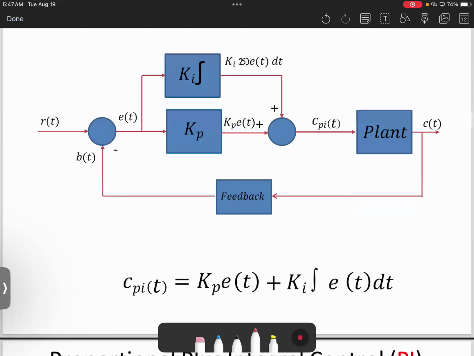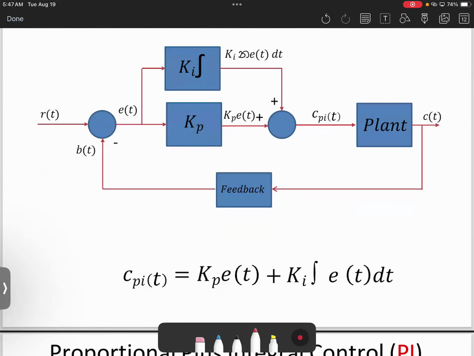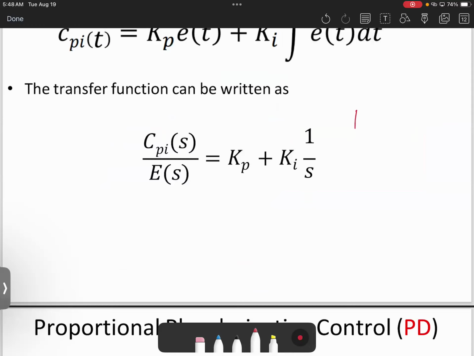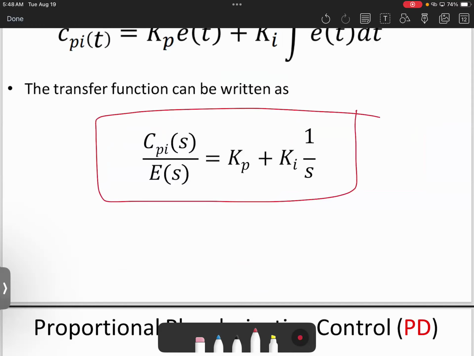Here is how the PI controller looks. Here is KP, KI. How can we write the transfer function? If we write it in the time domain, it will be like this. But the way that I like is to write it in the Laplace domain. In the Laplace domain, the transfer function will be KP plus KI over S. This is the transfer function of the PI.